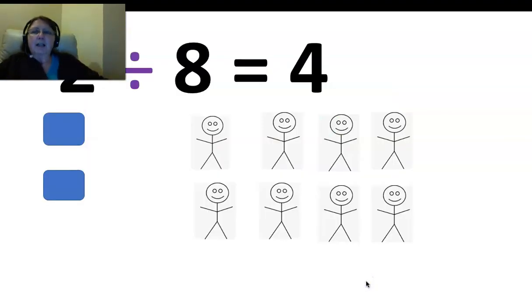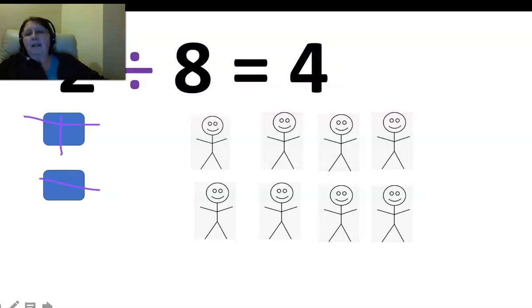Okay, so fact families, they have to make sense. You can't just look at the numbers and say they're a family, especially with division and subtraction. You have to think. So 2 divided by 8 is not doable. Oh, it is doable. I'll show you what. If you wanted to divide 2 things between 8 people, you would need to split these up.